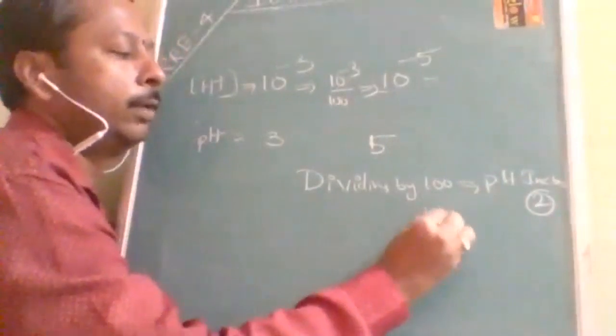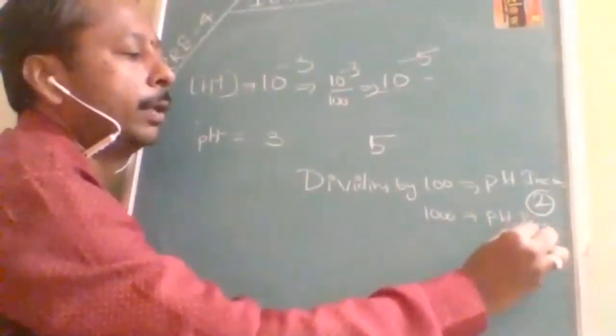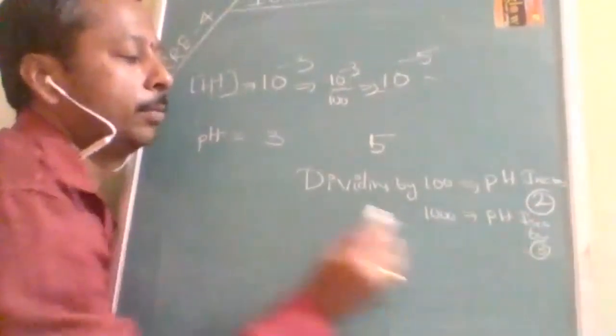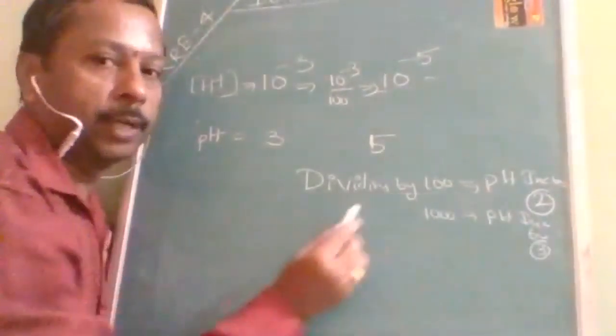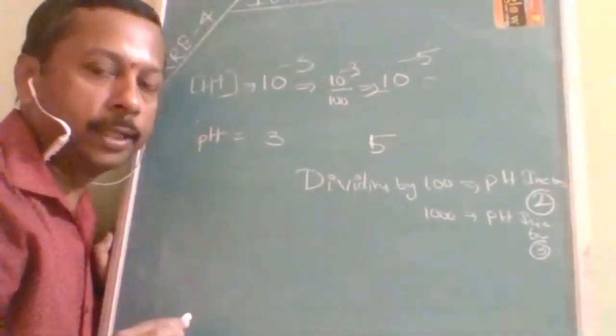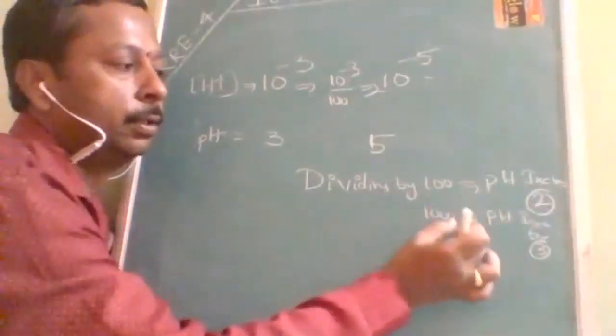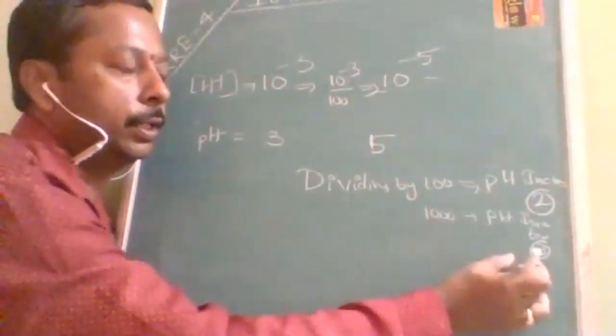Dividing by 1000, pH increases by 3. This is the concept: dividing increases pH, multiplying decreases it, but not at the same time. Number of zeros: two zeros, increase by two; three zeros, increase by three.